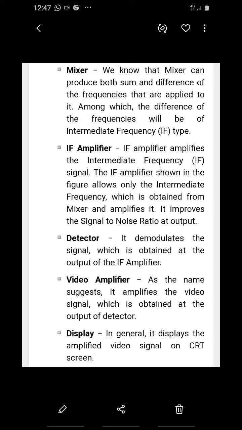The IF amplifier amplifies the intermediate frequency signal. The IF amplifier shown in the figure allows only the intermediate frequency which is obtained from the mixer and amplifies it. It improves the signal to noise ratio at the output.